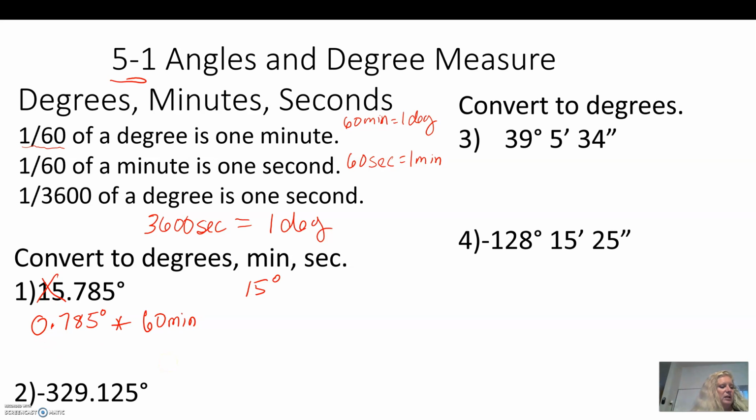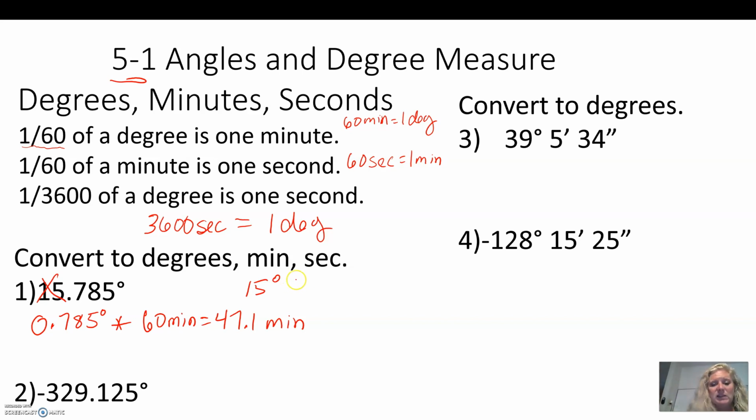Using my handy dandy calculator, which is on my phone because I'm at home right now, 0.785 times 60, and we get 47.1. Now this is going to be minutes. I'm going to take only the whole minutes because I have a decimal on here.